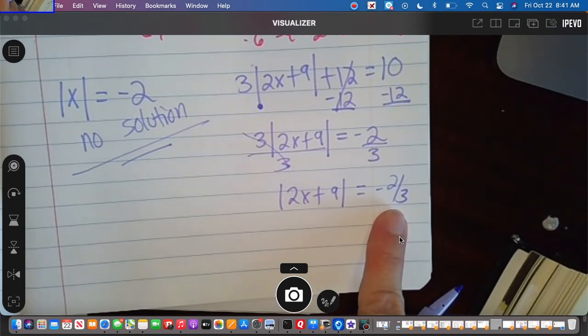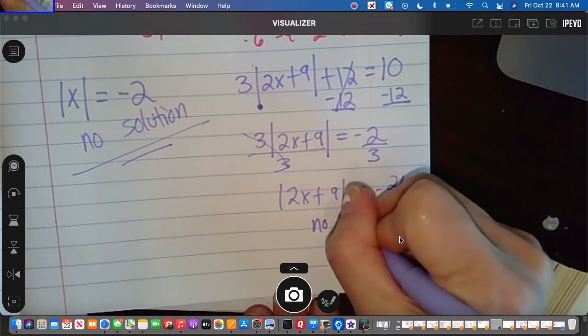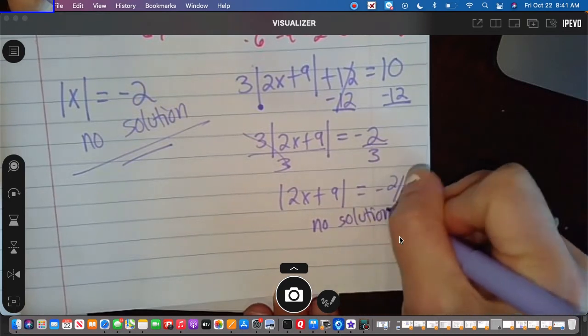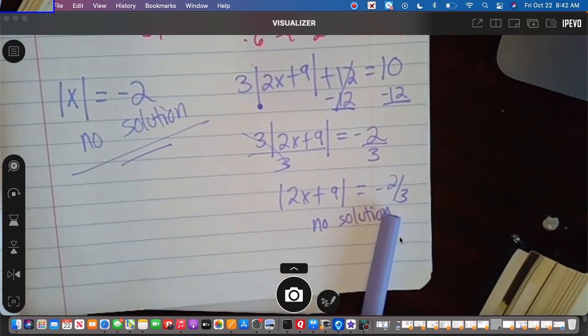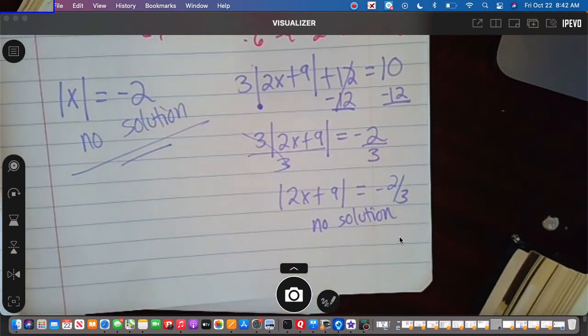No. So you stop right here and you put no solution. You're not going to find your two answers. When the absolute value is equal to a negative, it's no solution. Your distance can never be equal to a negative number. Once you get the absolute value by itself and it's equal to a negative number, you stop.